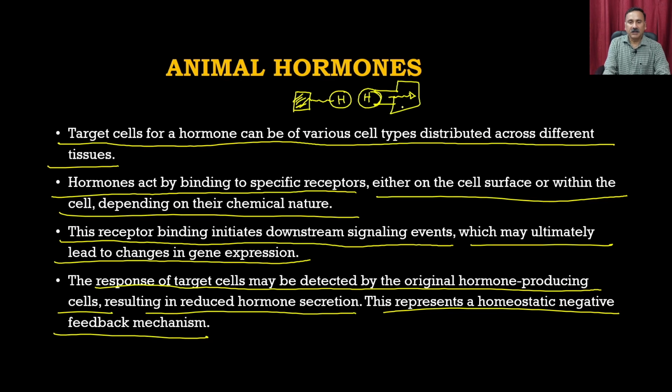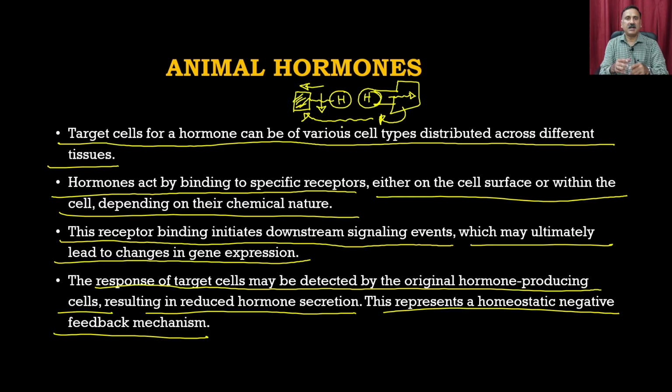Then this cell is going to give the signal to these glands that, okay, we have enough amount of hormones and there is no need to secrete any more hormones, and that's how hormone production is going to be reduced or lowered down, right? And this kind of mechanism is called a feedback mechanism.